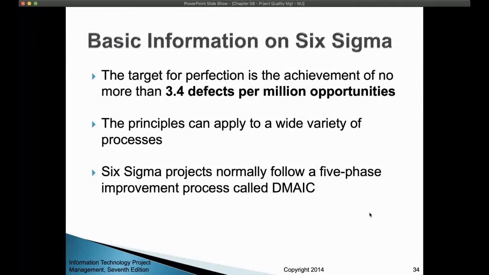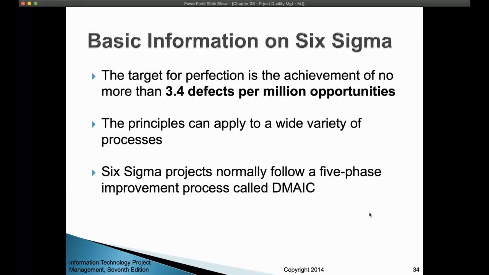Six Sigma is one of the very well established techniques, and it is used in many organizations. And the target of this Six Sigma technique is to reach perfection.